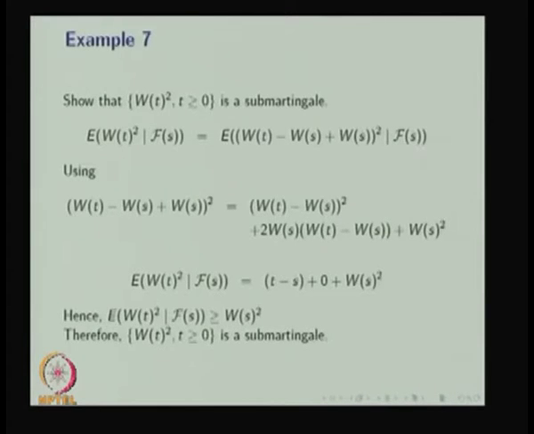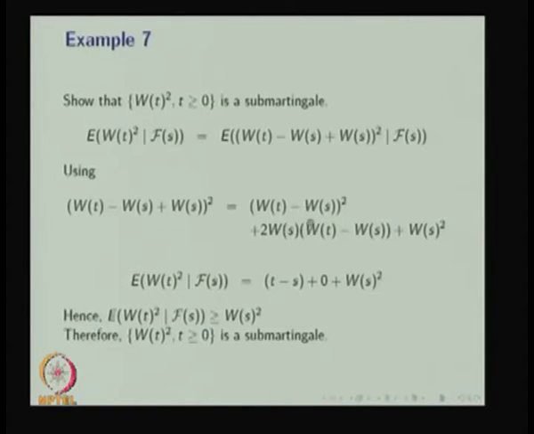The second one, Wt is Ft measurable. Whenever we didn't discuss the filtration, that means we have a natural filtration F of t. Whenever we have a natural filtration, that means this random variable is Ft measurable. Therefore, the second condition is also satisfied.